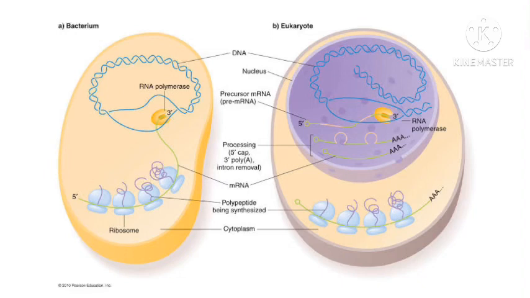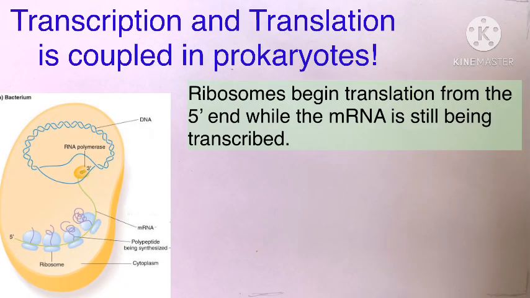Despite being a universal process, translation in prokaryotes and eukaryotes differ in certain aspects. One critical point that I want you to know is that translation is coupled with transcription in prokaryotes. This is to say that translation can begin simultaneously from the 5' end in prokaryotes while the mRNA is still being transcribed.